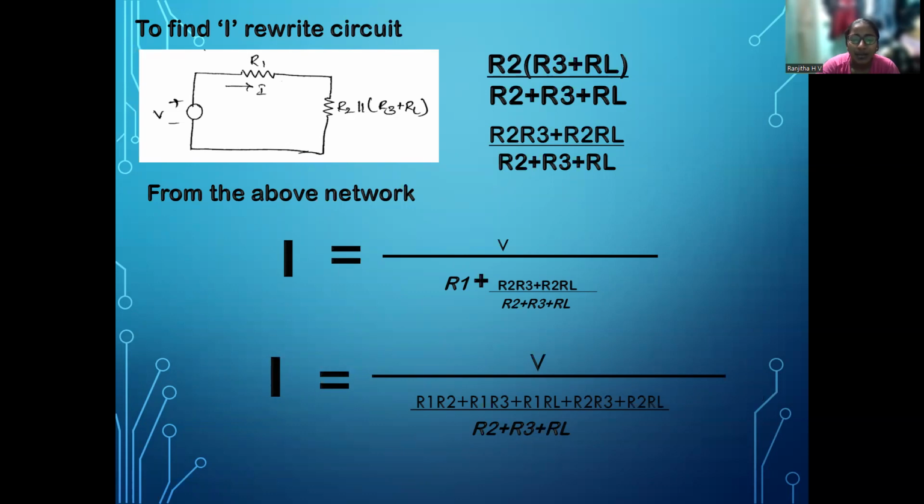Then from the above network, we know the current formula I is equal to V by R, so I is equal to V divided by R1 plus R2R3 plus R2RL divided by R2 plus R3 plus RL. Then we cross multiply R1 with R2 plus R3 plus RL.